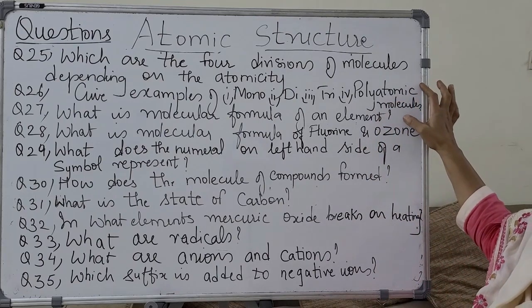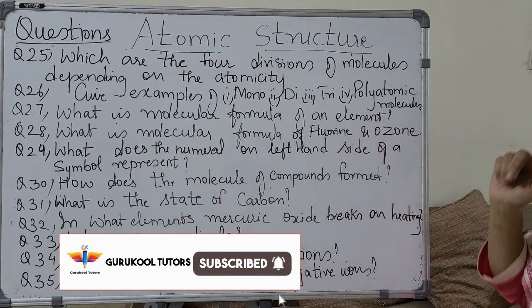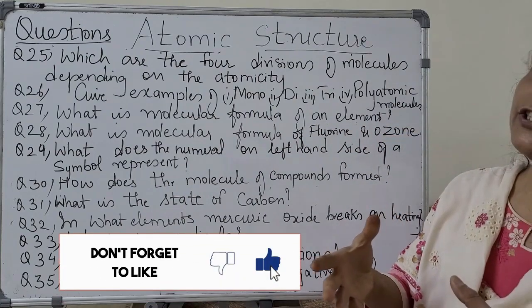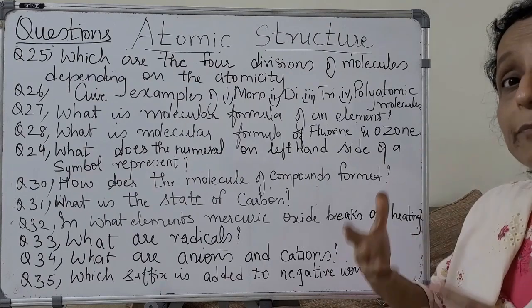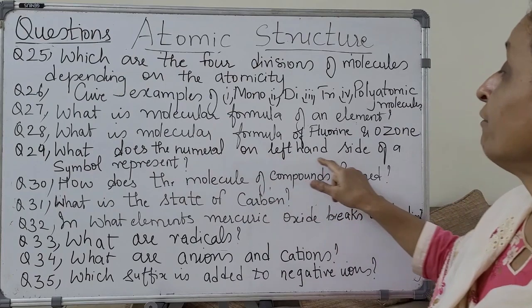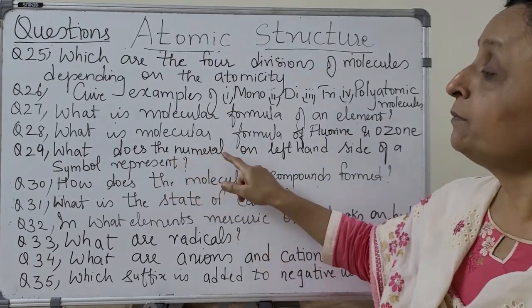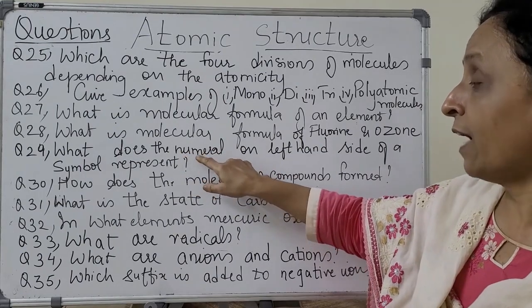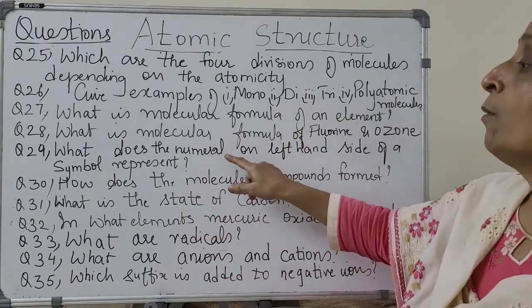What is the molecular formula of an element? It is the symbolic representation of the molecule. It shows the number of atoms and the types of atoms which are present in it. What does the numeral on the left hand side of the symbol represent? The number of atoms present. That numeral shows the number of atoms which are present in the molecule.